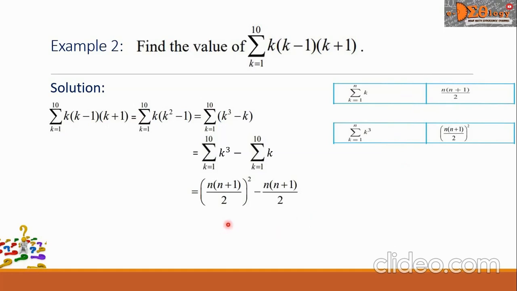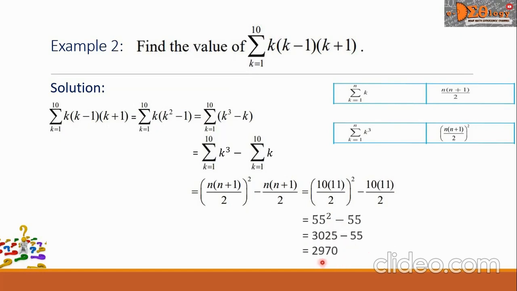Then let us evaluate respectively. We have now this 10 times 11 over 2, and this is raised to power 2, minus 10 times 11 over 2. We simplify each into 55 square minus 55. This 55 square is equivalent to 3025. Minus 55, the difference is now 2970. This is the final answer.